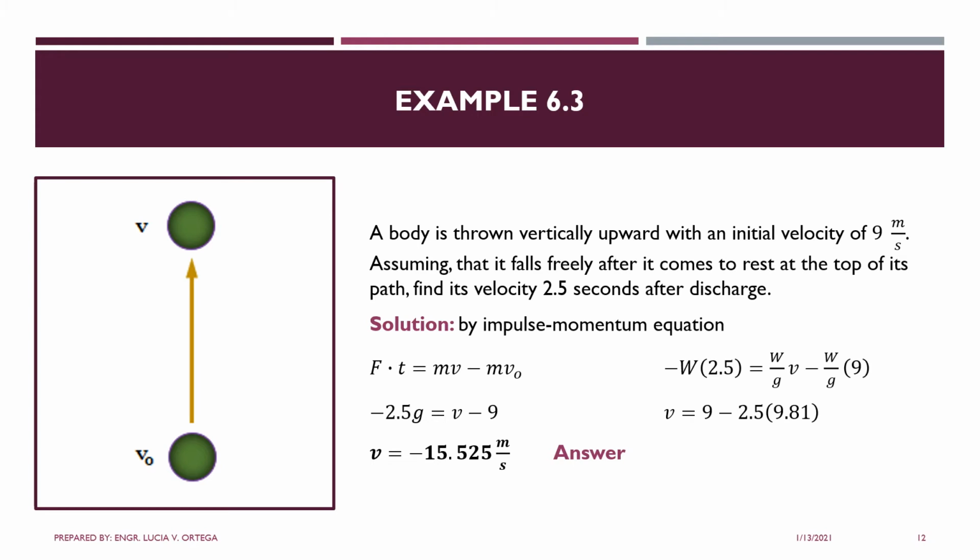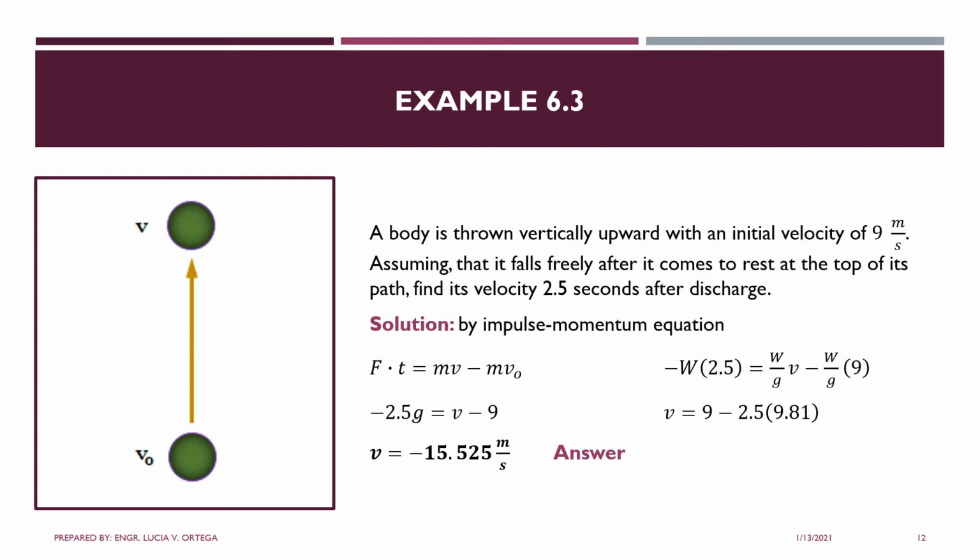So negative 2.5 G is equal to V minus 9. And V is equal to 9 minus 2.5 times 9.81. So therefore, velocity is negative 15.525 meters per second.